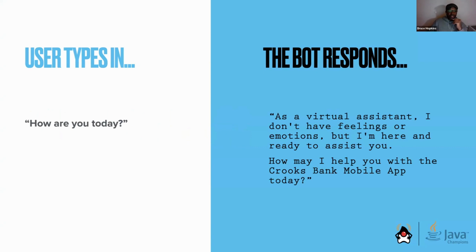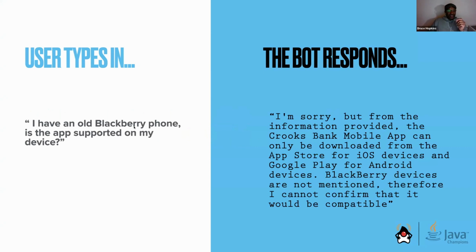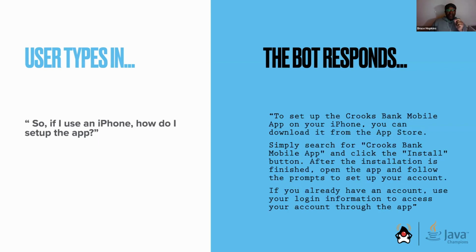Okay, so far, so good. Second question, I have an old BlackBerry phone. Is the app supported? The answer: I'm sorry, but from the information provided, it can only be for iOS and for Android. Very good.